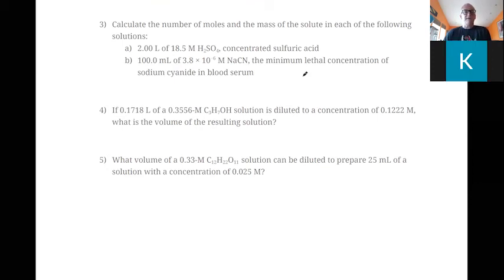So 2 liters of 18.5 molar H2SO4. That's as concentrated as sulfuric acid gets. That's definitely something you don't want to mess around with. So how many moles of sulfuric acid is that?